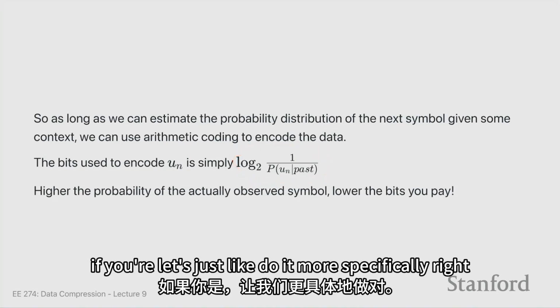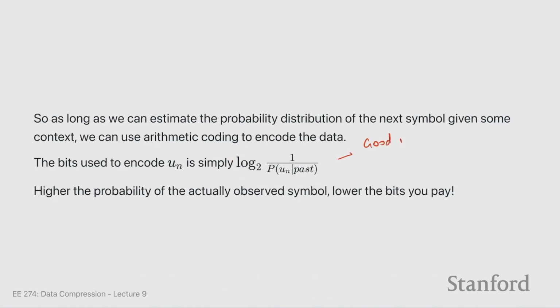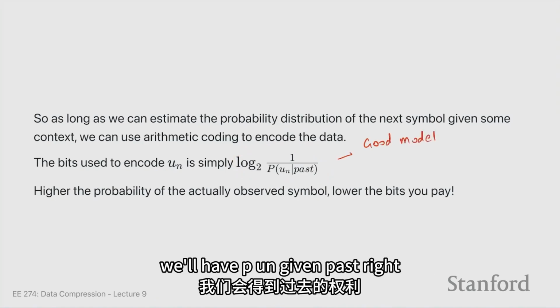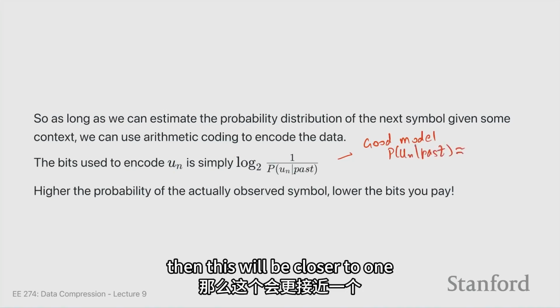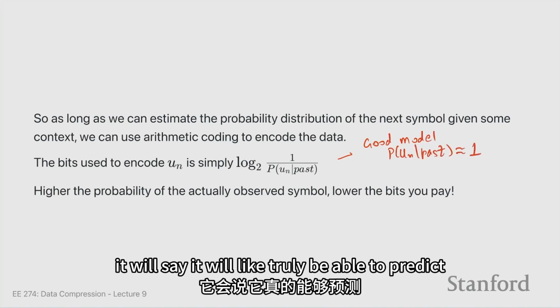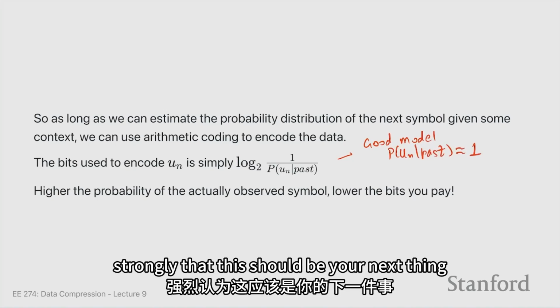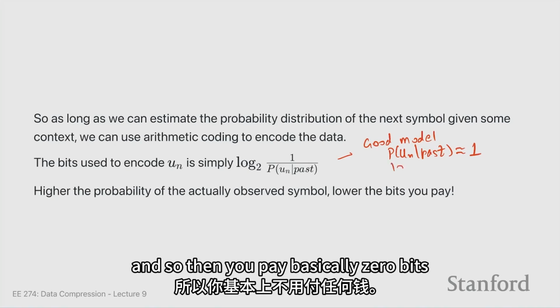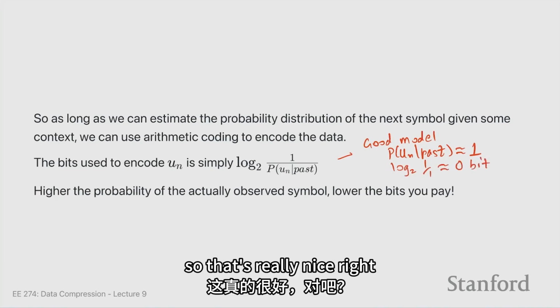Let's do it more specifically. A good model will have P of U_n given the past close to 1. It will truly be able to predict strongly that this should be your next thing, and so you pay basically 0 bits. That's really nice.